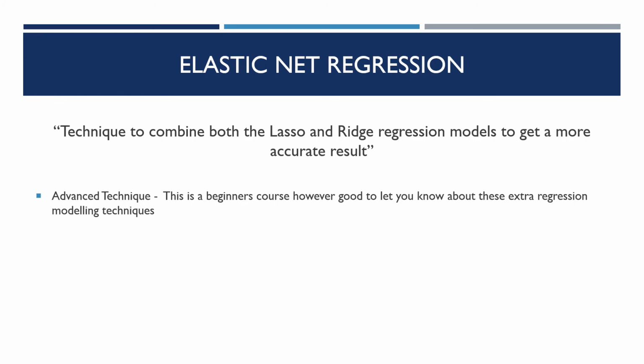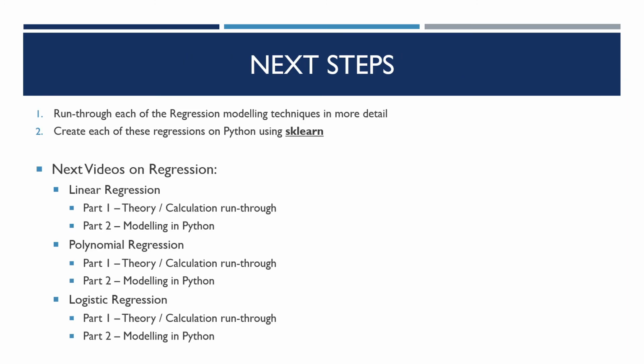And this is a very advanced technique because basically you have a lasso regression model and ridge regression models, and sometimes they can produce quite differing lines of best fit. And elastic net regression provides a very nice in-between line of best fit for both of these lasso and ridge regression models. However, those are advanced techniques, and we're just going to be focusing on the top three.